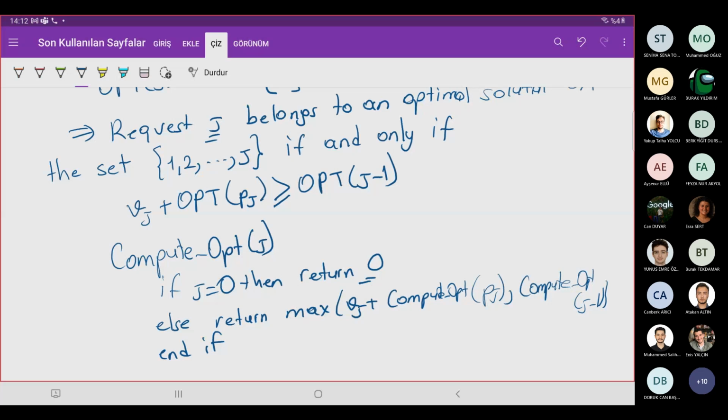So this is all for dynamic programming. If you have questions about dynamic programming, please ask them. Okay, this is your last chance to ask questions during the lecture about dynamic programming.